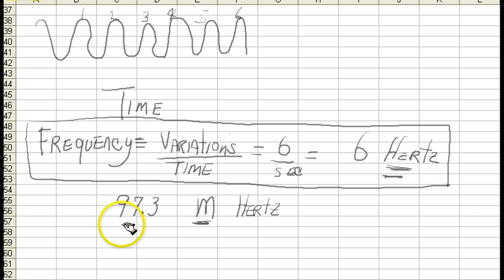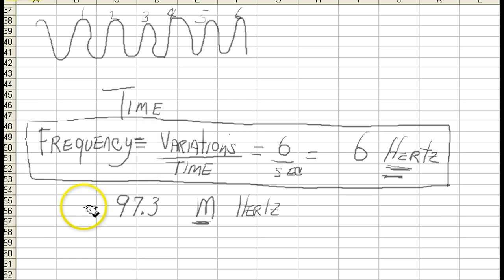So when you're listening to the Dog, the radio station, it is putting out a radio wave that's got these vibrations of roughly 100 million variations per second, or 97.3 million vibrations per second, called a hertz.